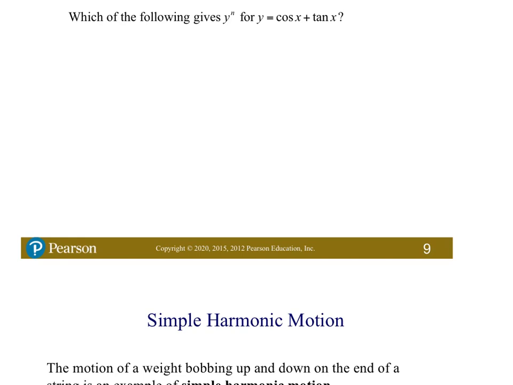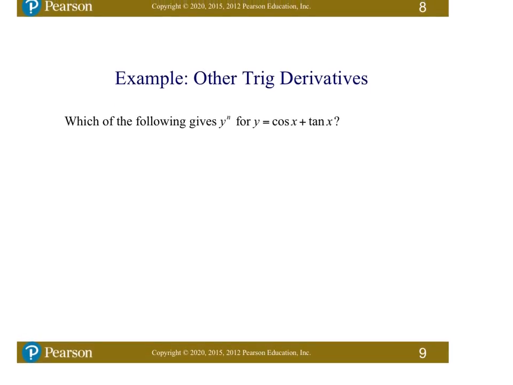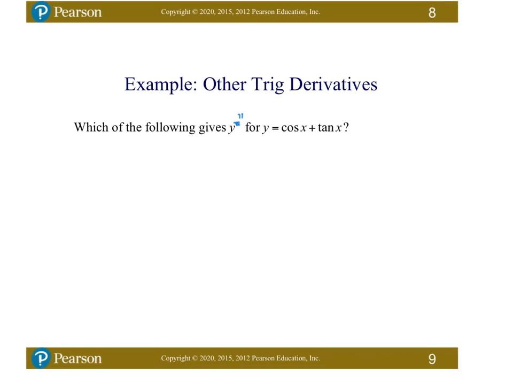So just a few quick examples. You can now use the definitions of the trig values to find multiple derivatives. I apologize, this is a typo right here. That's not y to the n, that's y double prime. Okay, so find the second derivative.